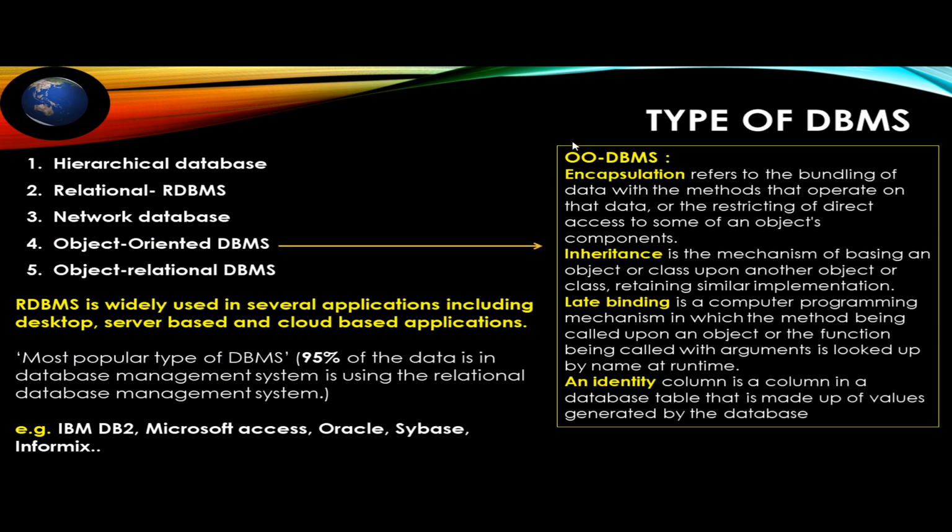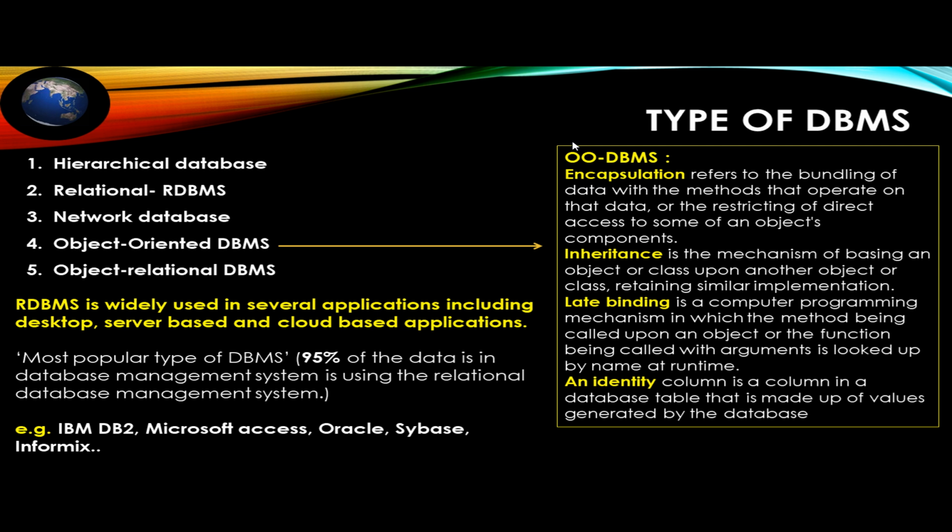And then the types of database management system. There are five types: hierarchical database management system, relational, network database management system, object oriented, and object relational. So here I'm just telling that relational database management system is widely used for different purposes nowadays. 95% of database management systems are relational. People are going to work with this because relational covers so many things.